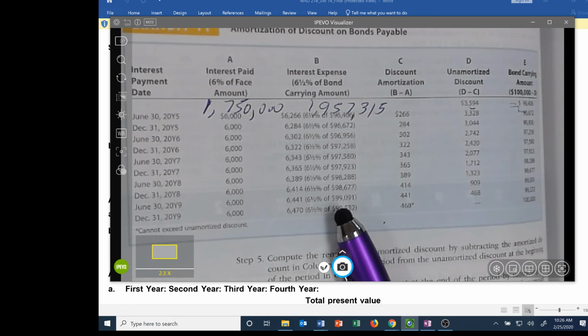All right, what does column D say to do? D minus C. This amount minus C leaves you that much unamortized discount. And what does E say to do?